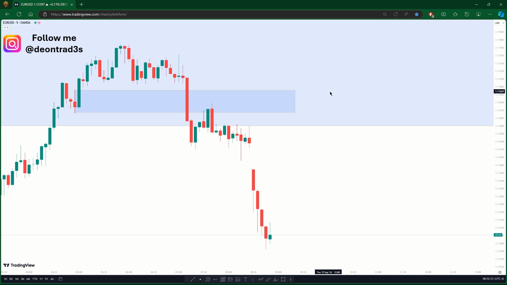So this works best if you pair it with higher time frame points of interest. Don't try to start looking for breaker blocks just in random places. It's going to be a bit too complicated for you. So just try your best to be patient and disciplined. It doesn't matter if you lose a trade here, just try another day. Okay, this is why I advise you to backtest before you trade it with your money.